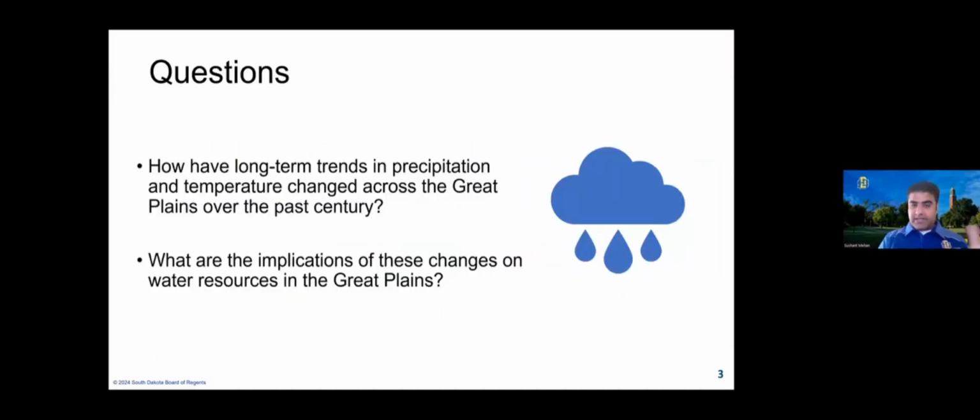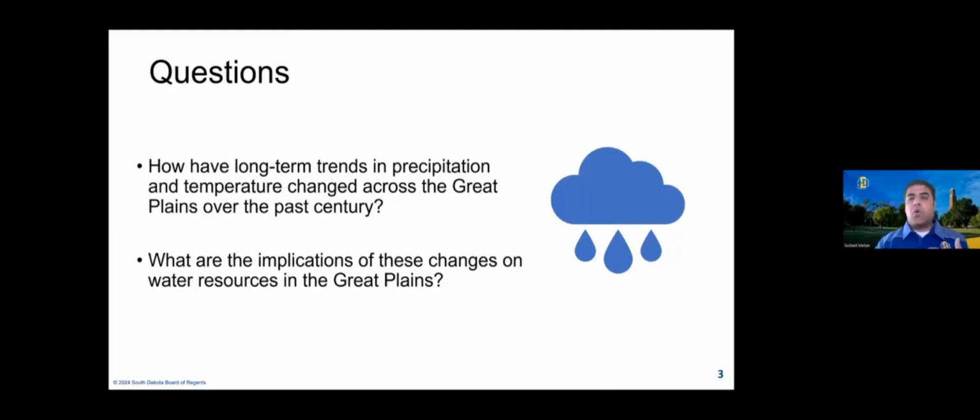We know from the research, and we just saw the timeline for the droughts, that in the United States, we are experiencing noticeable changes in factors like temperature and precipitation. Temperatures are generally increasing while precipitation patterns have become more variable.